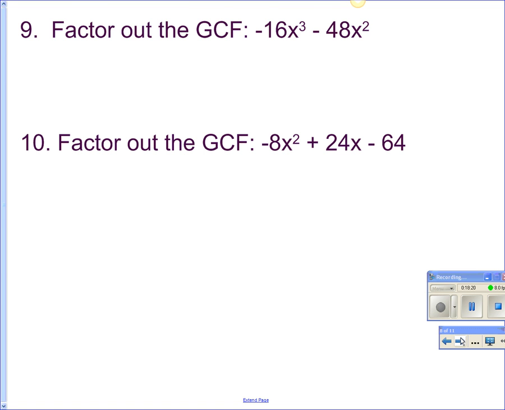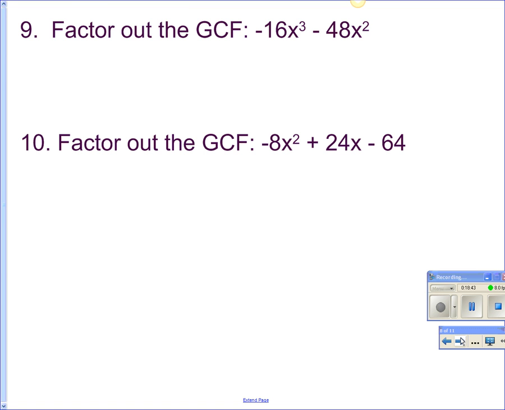So number 9, negative 16x to the third minus 48x to the second. Guys, always start with this number.